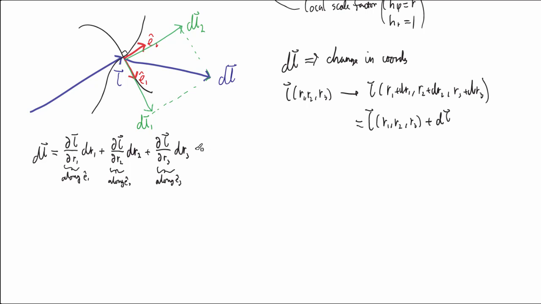dL can of course also be rewritten as the sum of its components along the unit vectors. And just as in the case for the polar coordinates, we can rewrite this in terms of the local scale factors and differential changes in the coordinate variables.